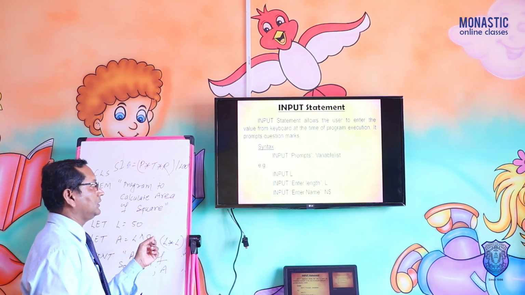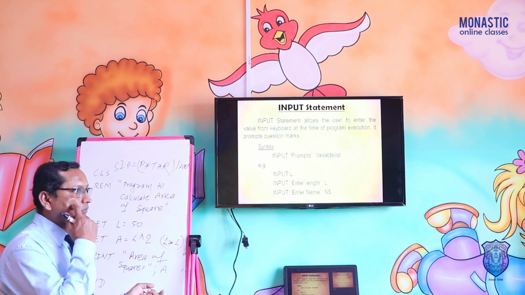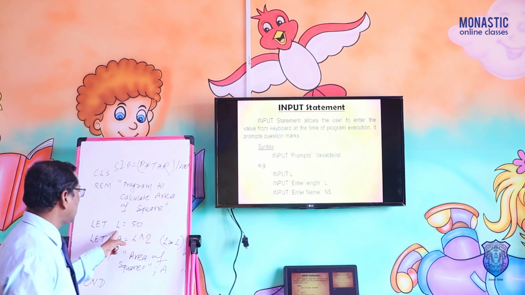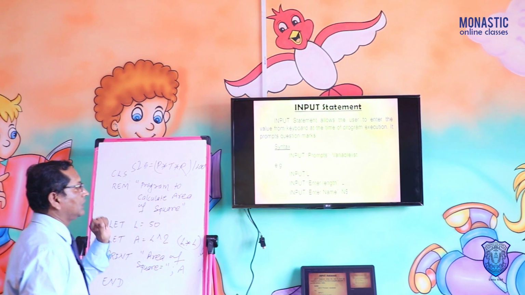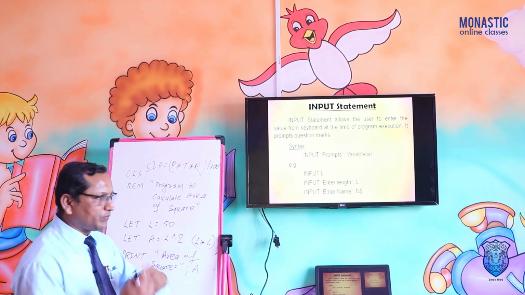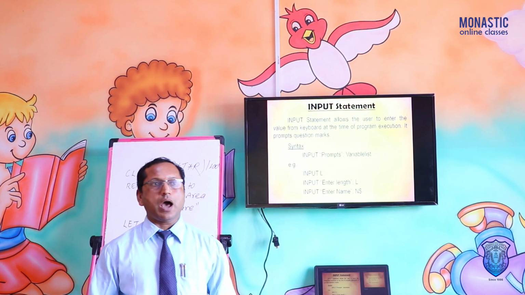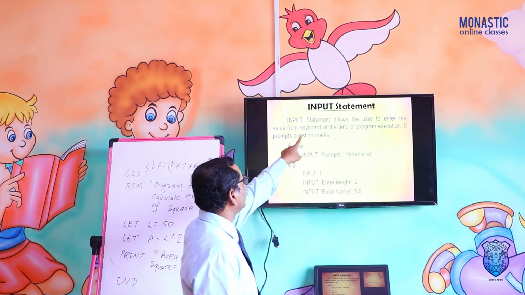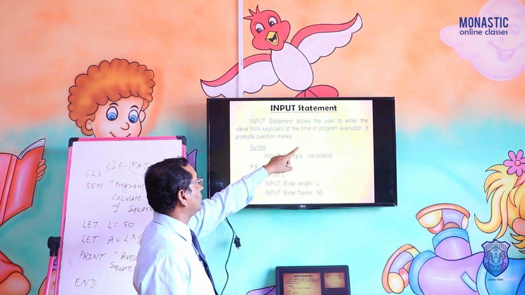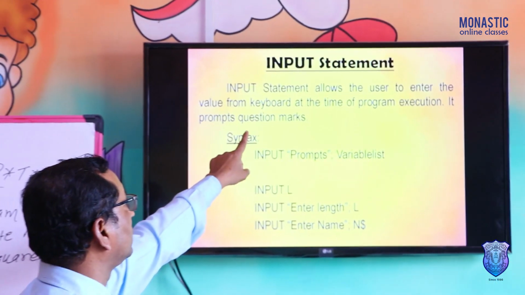With assigning a value, the value was assigned at the beginning while designing the program. But in this, when we run the program, the value will be asked. The input statement allows the user to enter the value from the keyboard.